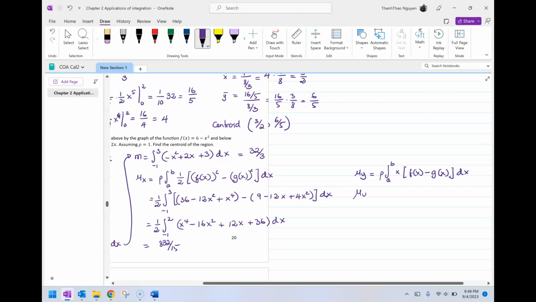So then we have the integral from -1 to 3 of x times 6 minus x squared minus 3 minus 2x dx. We simplify this and evaluate the integral. We get 32 over 3.